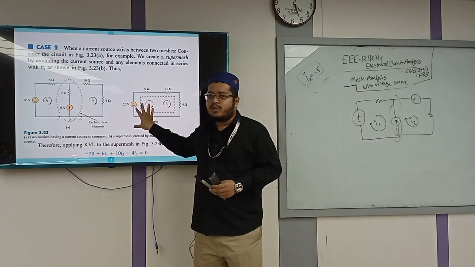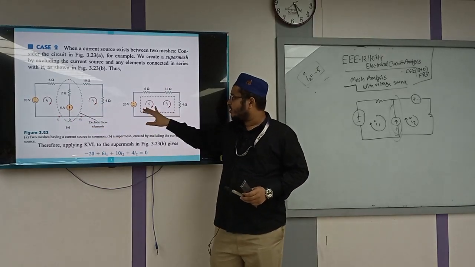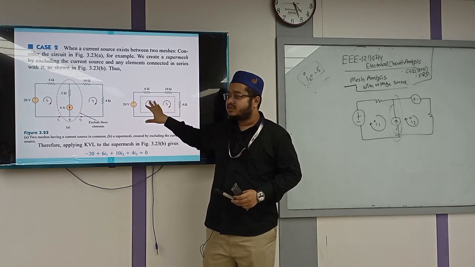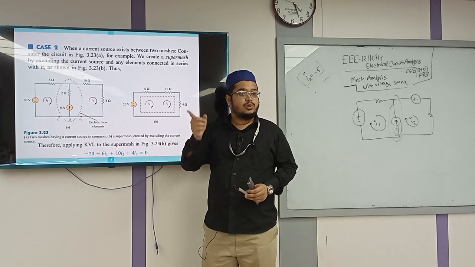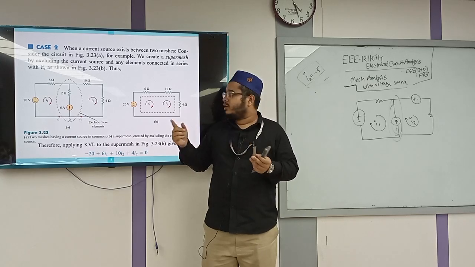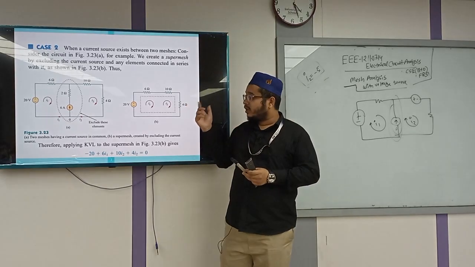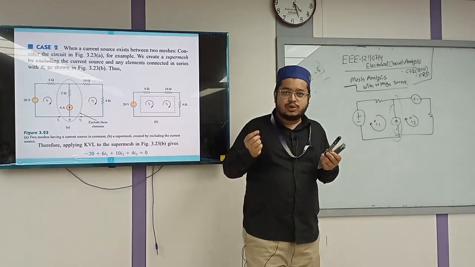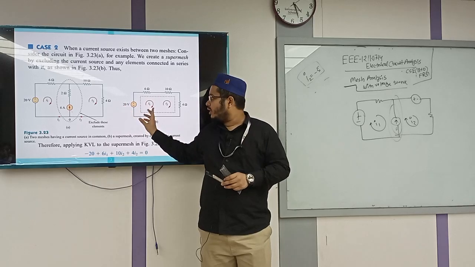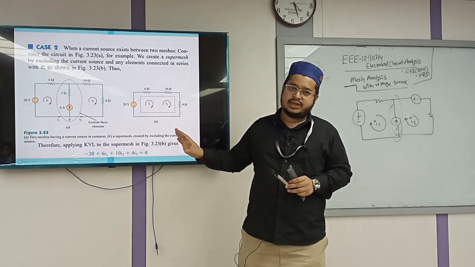Okay, then how will we calculate? After removing this, as our current direction and current value will be the same, we will just consider these two meshes as one mesh. নোডের বেলায় কি ছিল, দুইটা নোড একটা নোড কাউন্ট করতাম, আর এখন কি দুইটা লুপ একটা লুপ কাউন্ট করতাম। In nodal analysis we consider during super node two nodes as one node, and for super mesh we consider two meshes as one mesh, and we remove this super mesh from the circuit.